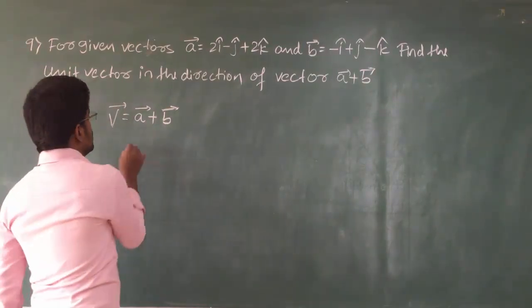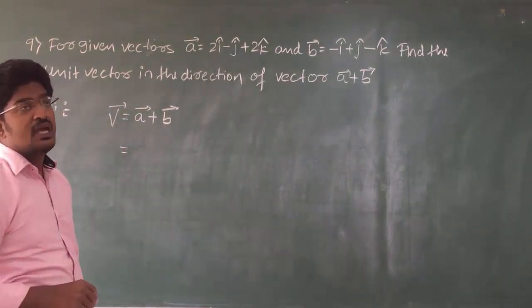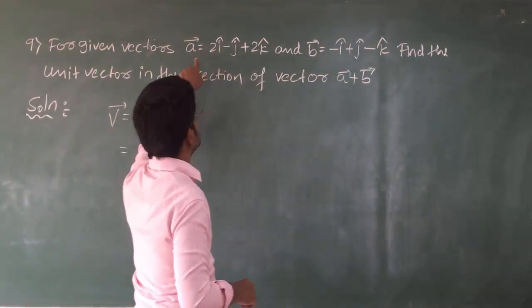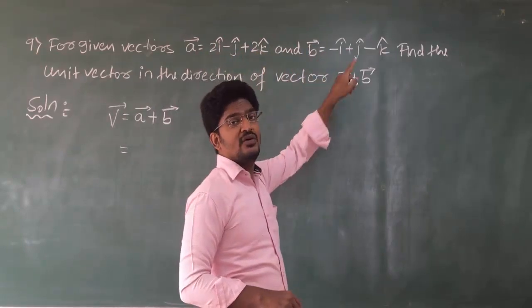Clear? So to calculate vector A plus vector B, you have to add the sum of these two.